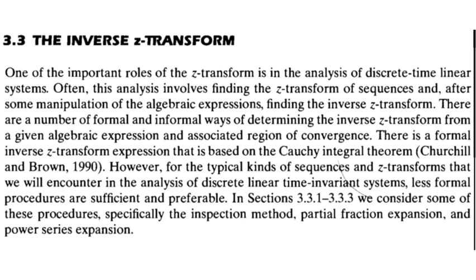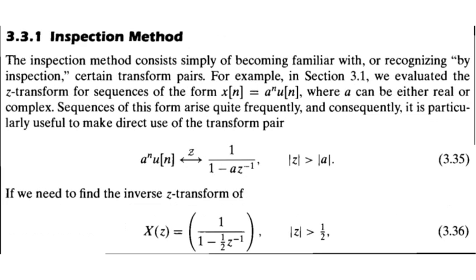The typical methods that we use are the inspection method, partial fraction method, and power series expansion method for inverse Z transform. In the inspection method, we know that if we have a sequence a raised power n u of n, from u of n we can see that it is a right-sided sequence, and a raised power n represents an exponential sequence.